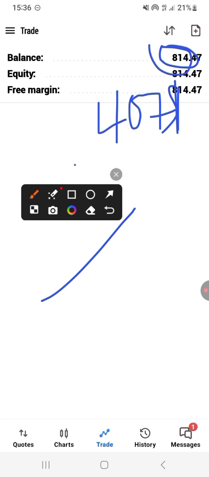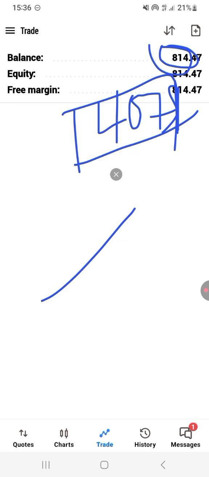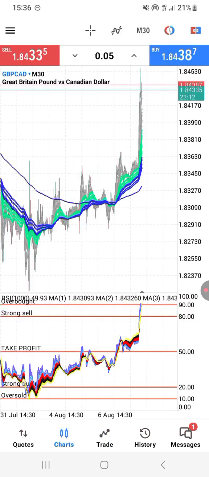Then we withdraw the money from Monday. We will start with a small amount again, in order for you to understand that you can start trading with a small amount and grow your account.